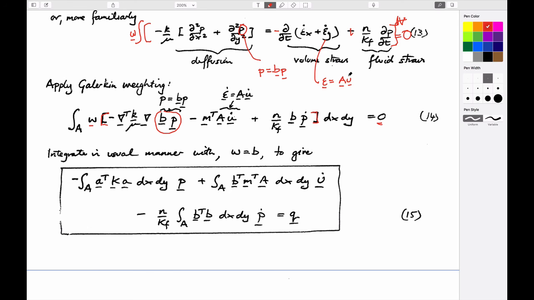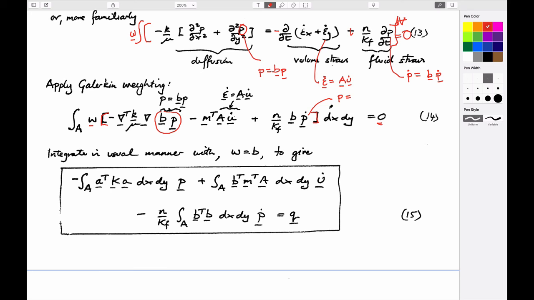If we want to know how they change with time, we can just differentiate them with respect to time. And that becomes this term here, right? So we just substitute for these. That's all we've done. And finally, I guess this would be the same. We know that fluid pressures are equal to nodal values of fluid pressures multiplied by the shape functions. If we want rates of change of those fluid pressures, we just do that, and we have this term here.